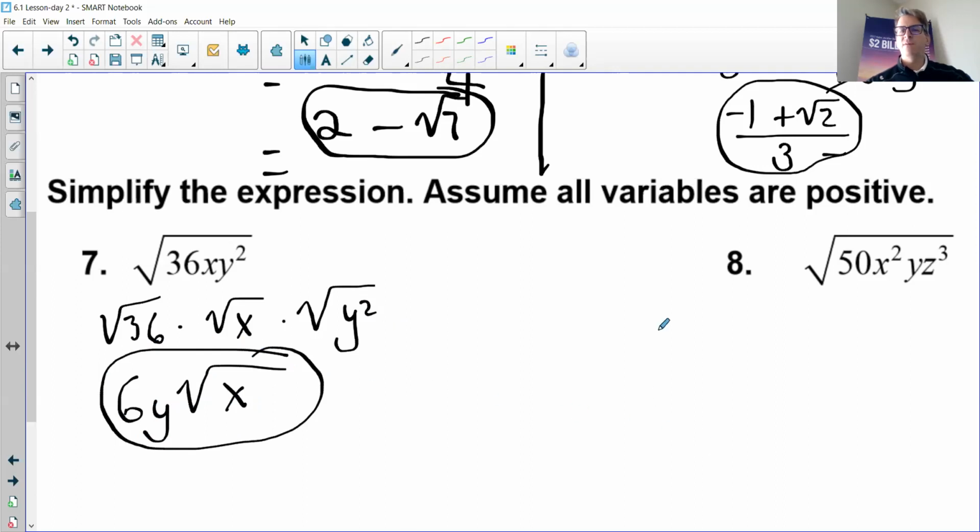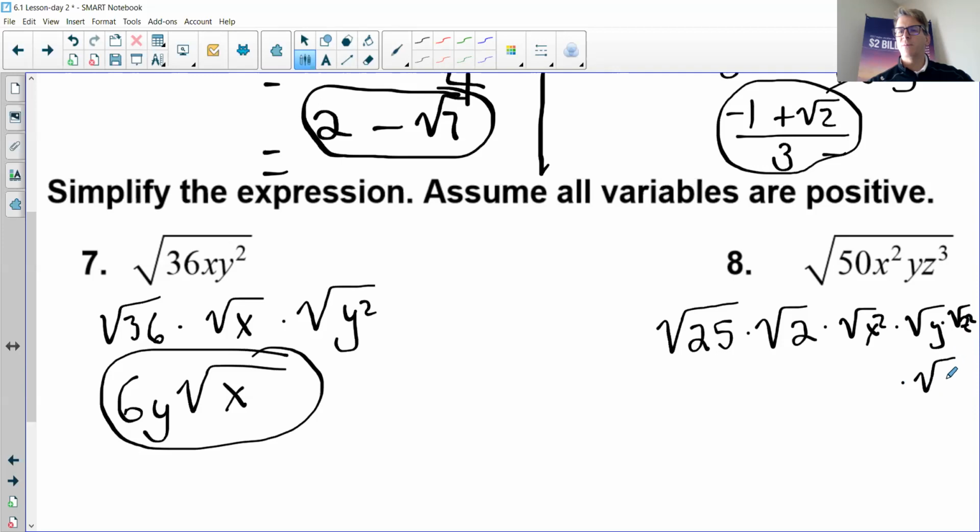Likewise with 50, you're probably going to see that that is the square root of 25 times the square root of 2, times the square root of x squared, times the square root of y, times the square root of z squared, times the square root of z.